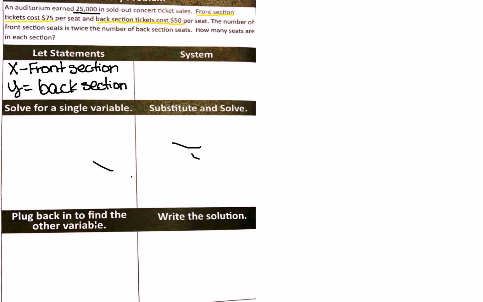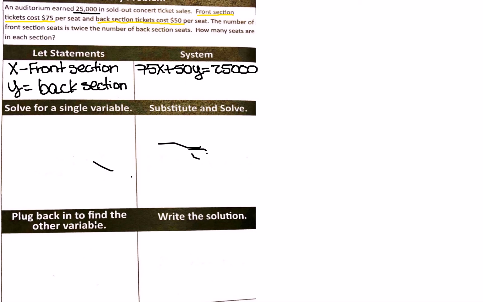So 75x plus 50y equals 25,000. That's my first equation.